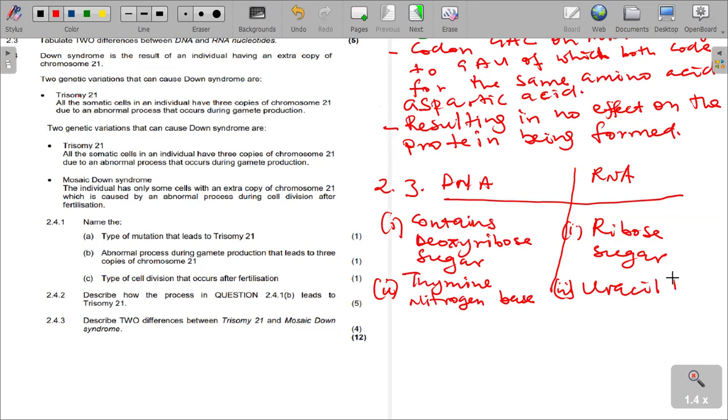DNA has the nitrogen bases adenine, thymine, cytosine and guanine. However, RNA contains uracil.